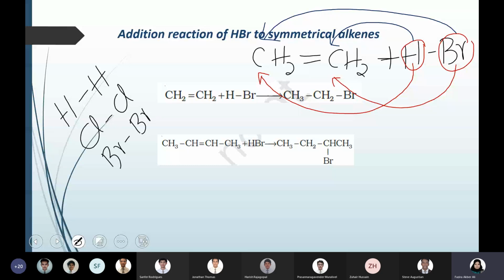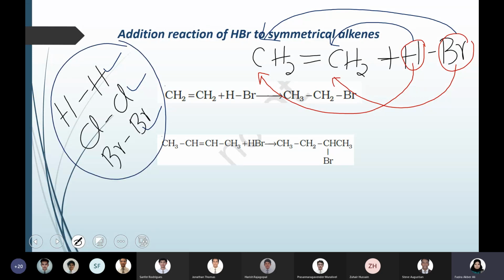So there are two possibilities, because unlike H2, Cl2, Br2, HBr contains two different atoms. So when you add hydrogen or halogen, there was no confusion because both were the same. But here hydrogen and Br are two types of atom, so adding them across the double bond can have more than one way of adding it.